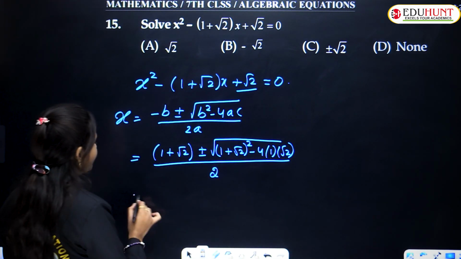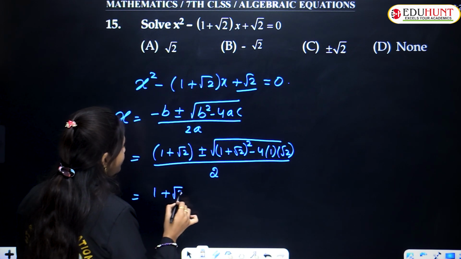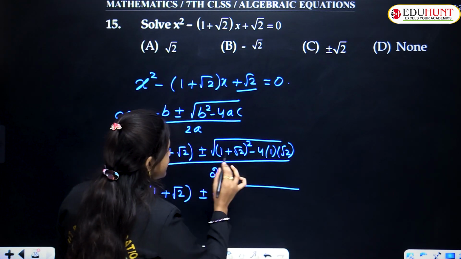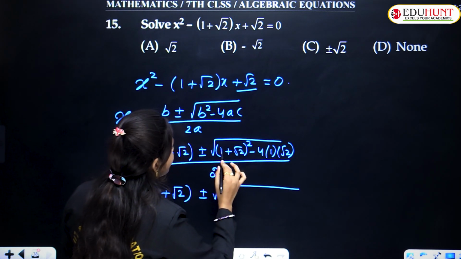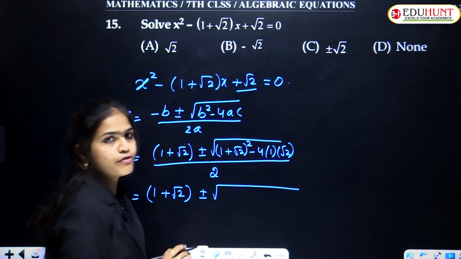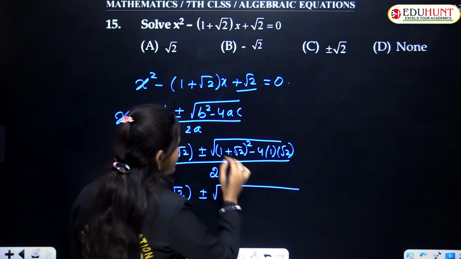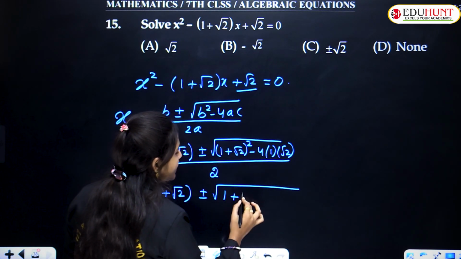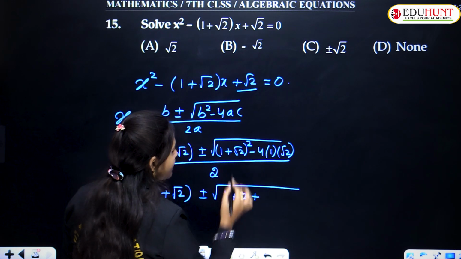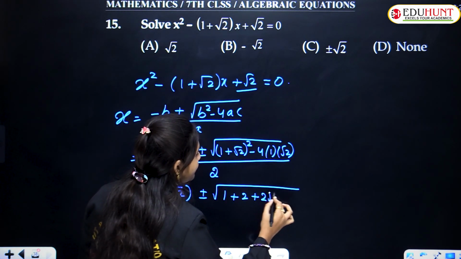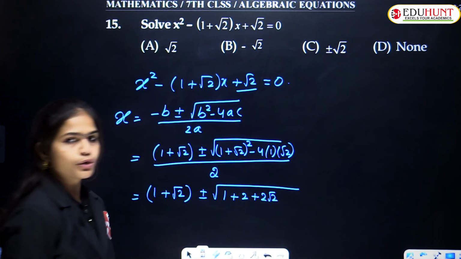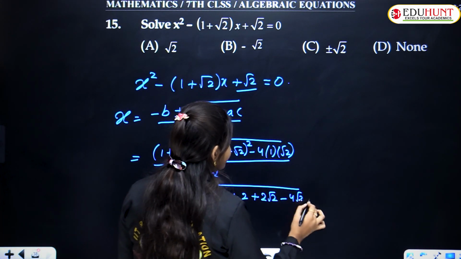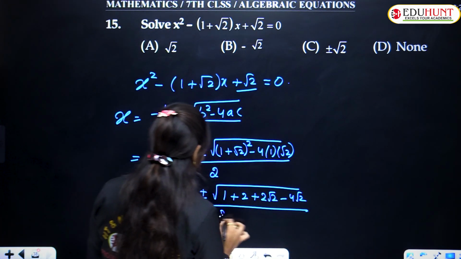Clear? Now, simplify this. 1 plus root 2 plus or minus square root of, just derive this one, 1 plus root 2 whole square, which is in the form of a plus b whole square. So, just write the identity, a square plus b square plus 2ab: 1 plus root 2 whole square is 1 square plus root 2 square plus 2 into 1 into root 2, 2ab, minus 4 root 2, whole by 2.